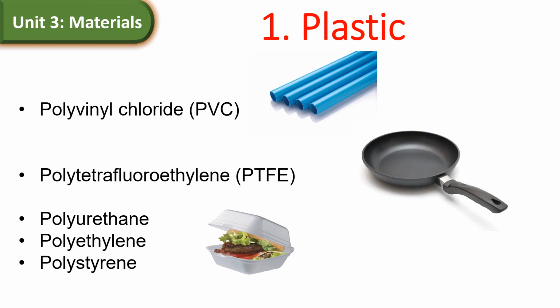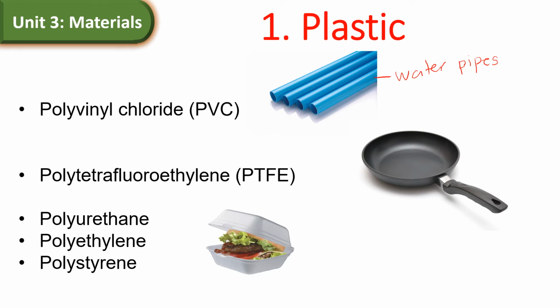Okay, so let me just share with you some common plastics that you can find at home. Number one is your PVC, or polyvinyl chloride. The good thing is that it is resistant to chemicals. That's why it is commonly used for water pipes, because it doesn't react with any chemicals that might run through the water pipes. Also, it is resistant to moisture, meaning it doesn't rust.